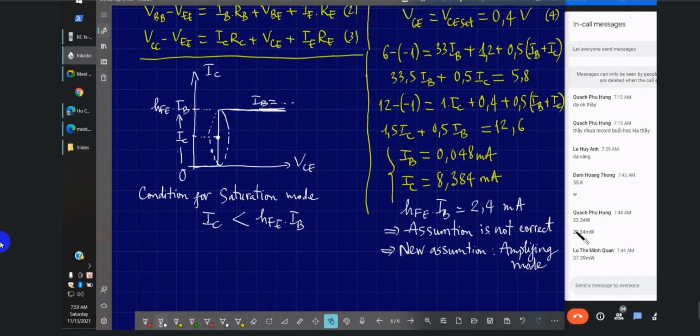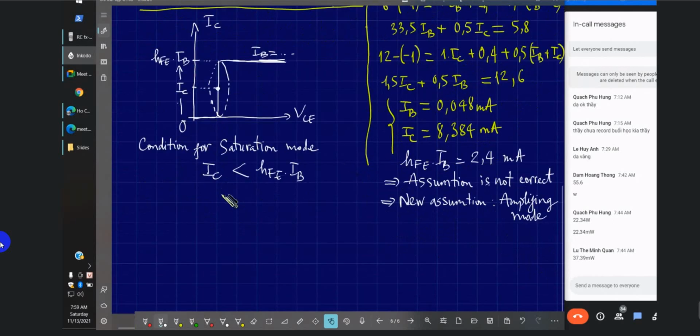If we have amplifying mode, we will have IC equal to HFE multiplied by IB.